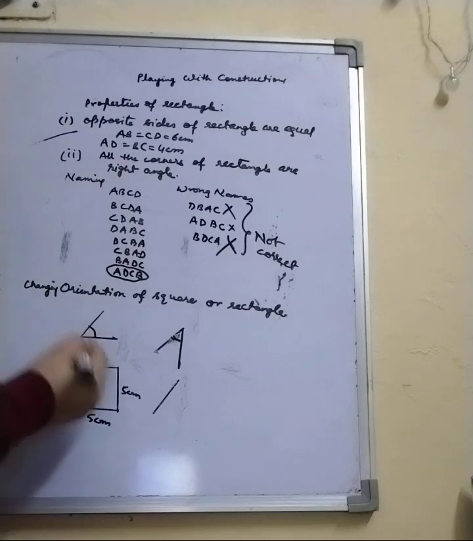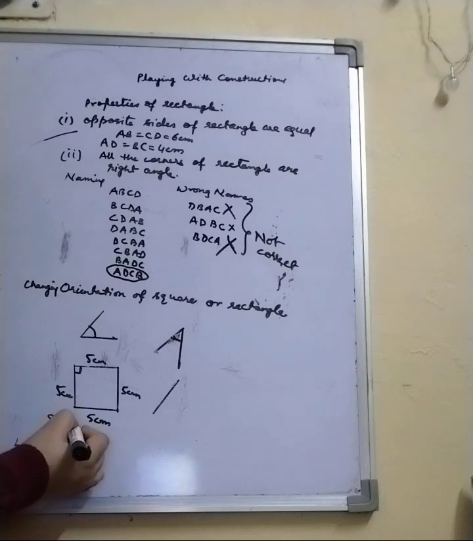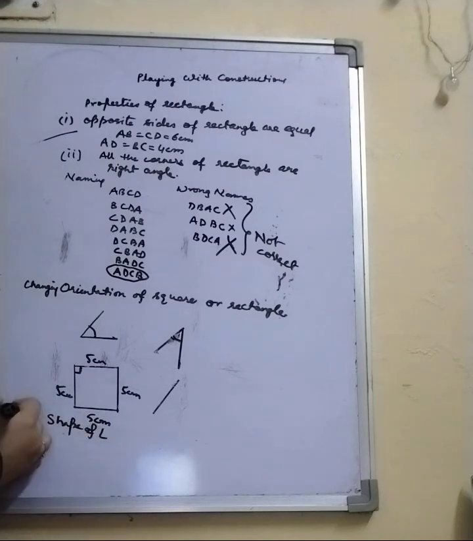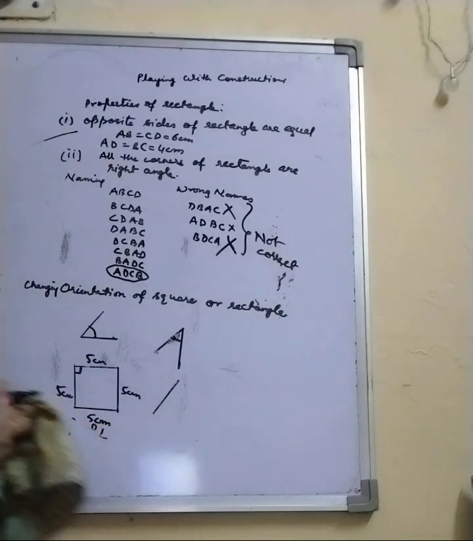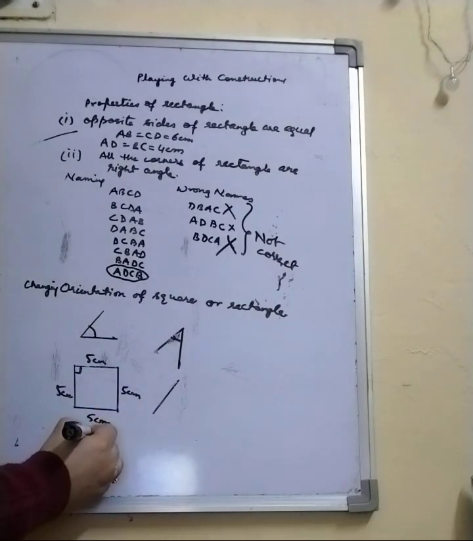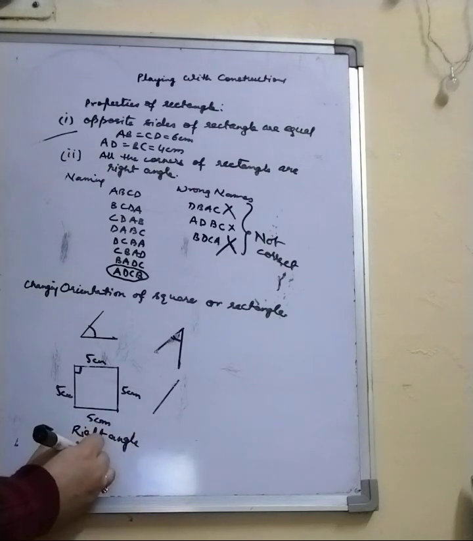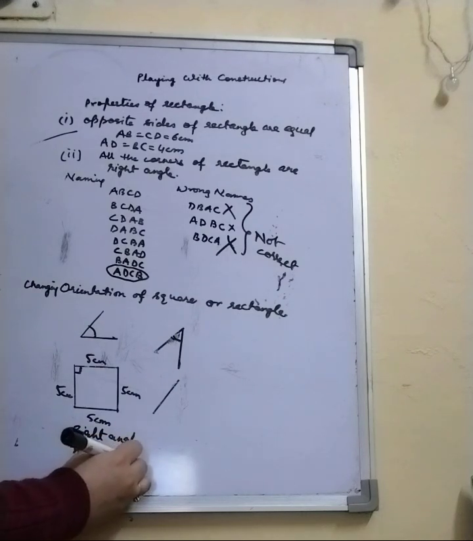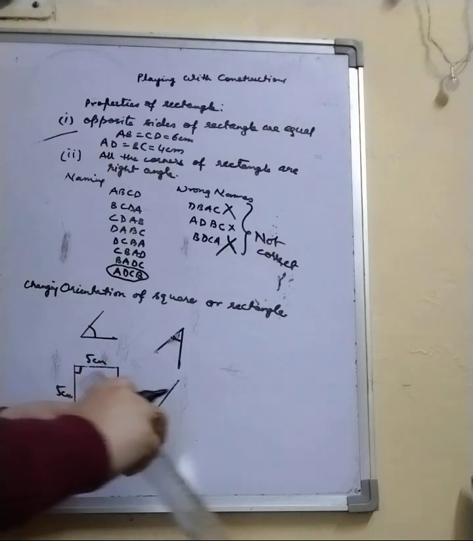We had learned that right angles have a shape of L. Okay, right angle has shape of L. So without measuring, how would you make it?